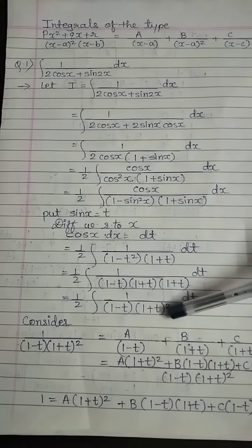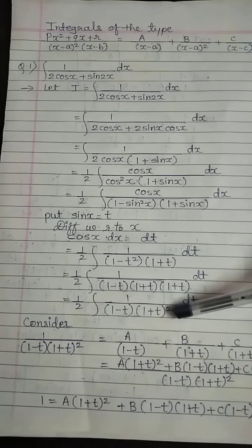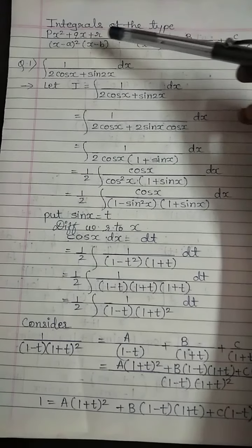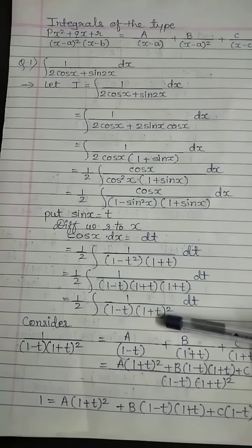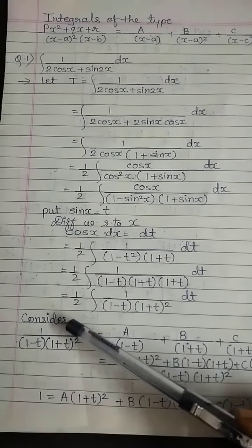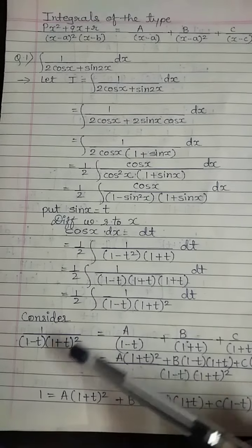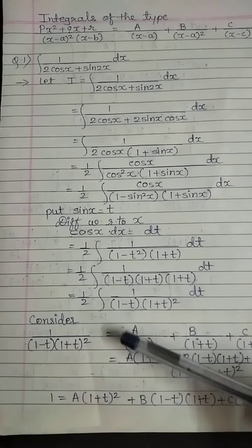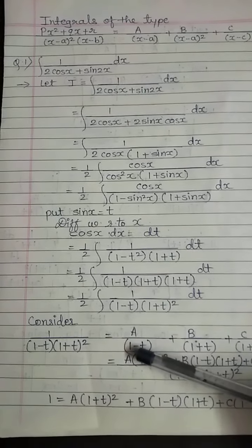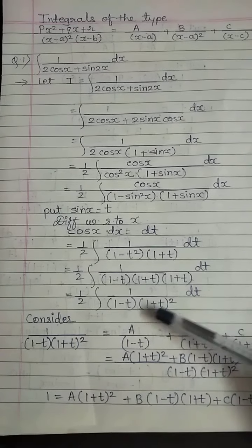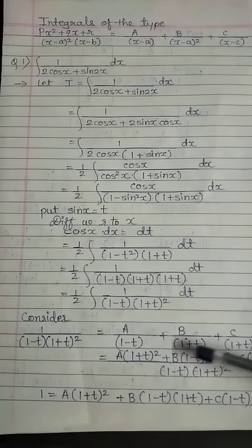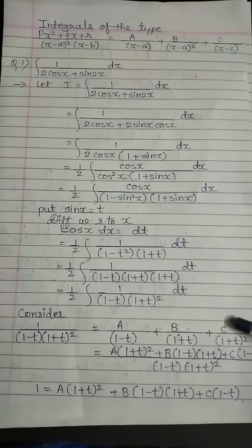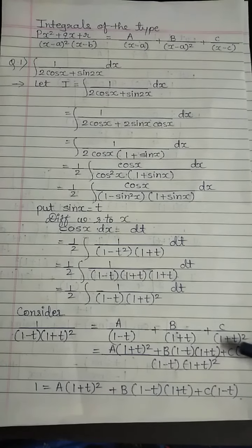Now if we observe this integral carefully, then this is in this format where the factors are repeated. So we consider this function separately, and we can write this as A upon 1 − t, that is A upon the first factor, plus B upon 1 + t plus C upon (1 + t) whole square.